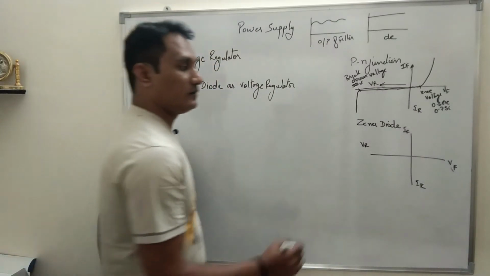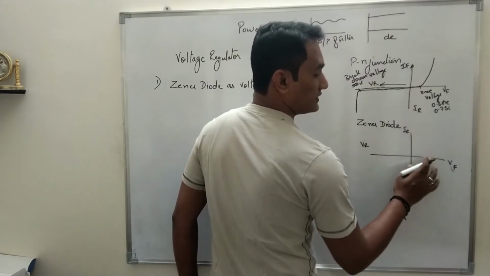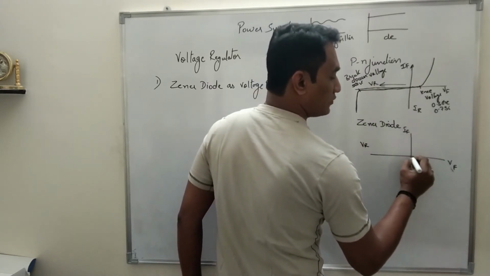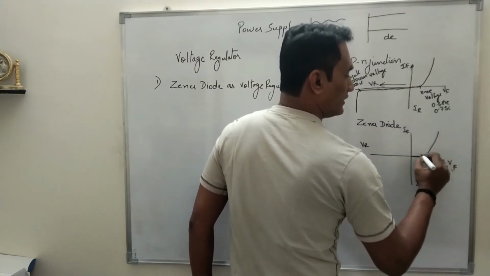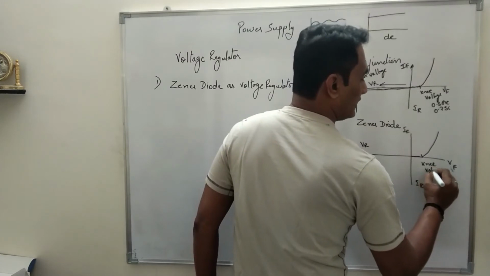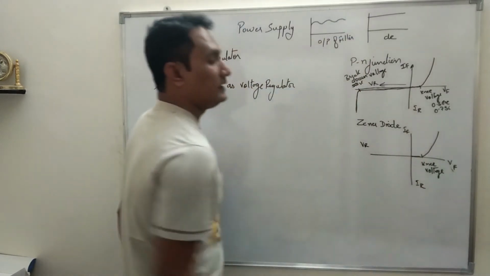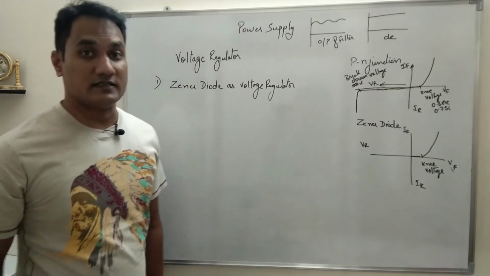When a Zener diode is connected in forward bias mode, it works exactly similar to an ordinary diode, in forward bias condition. But in reverse bias condition, see what happens.